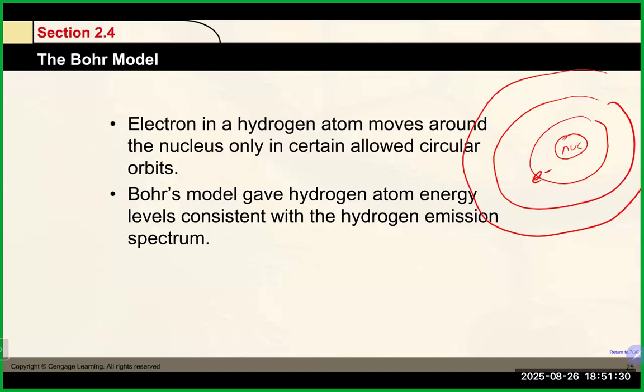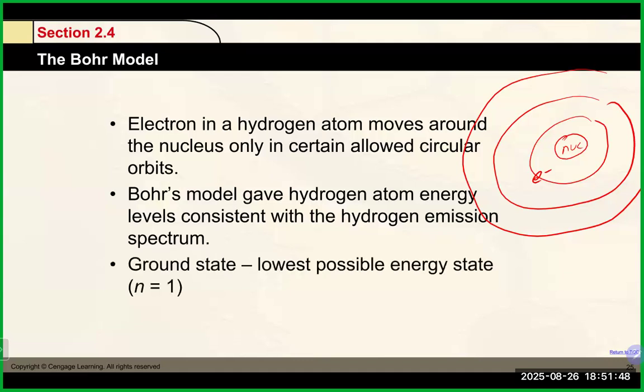And Bohr's model, as we'll talk about, worked really well for hydrogen, but does fall apart as you move away from hydrogen to something that has a lot more electrons. It doesn't work very well, but it does nicely explain the lines that we see in hydrogen's emission spectrum, or line spectrum.